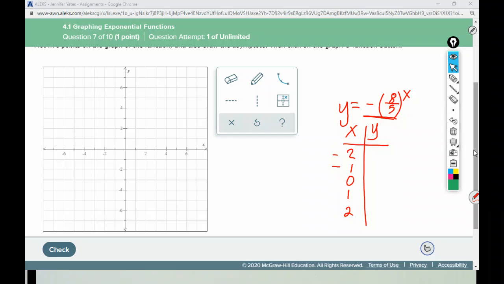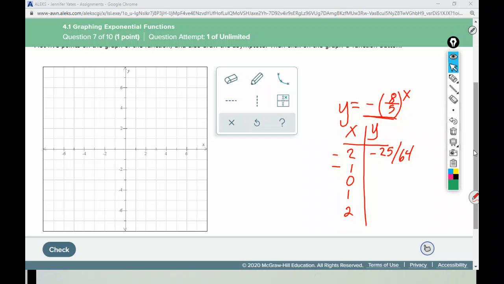So on, let's see, -8 fifths raised to the -2. Math, enter, enter. I get -25/64.